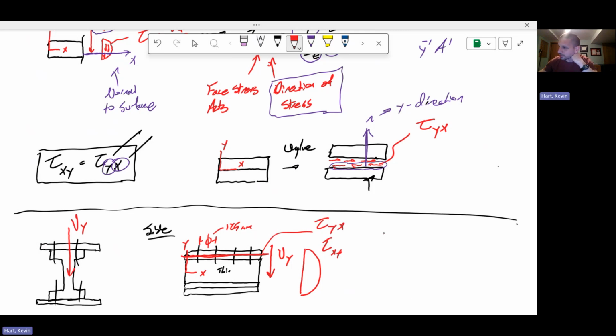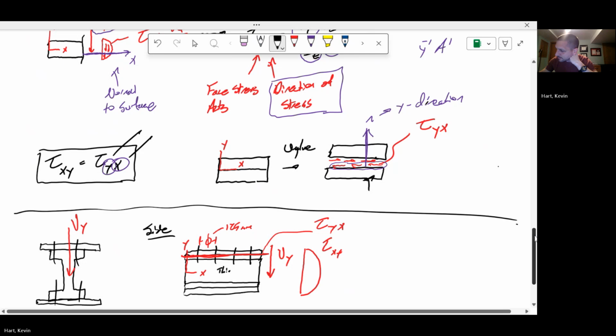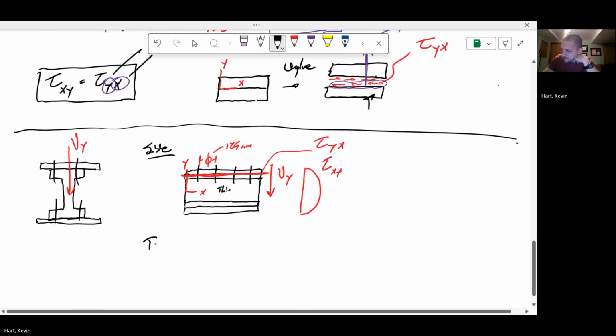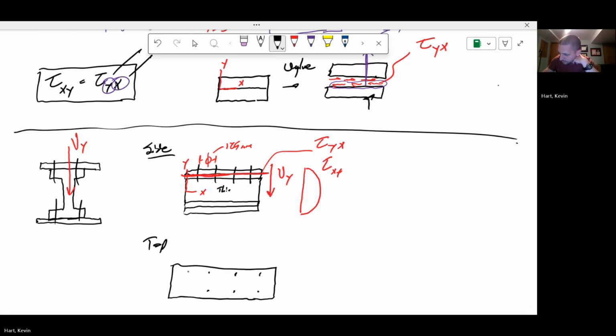So if we look at this from the top, you have what looks like that big plate on the top, and you have this bolt pattern. Bolt, bolt. And you have the shear that's acting between the top plate and the I-beam. This tau yx that acts between the top plate and the I-beam, right? There's this interplay, this shear back and forth between them.